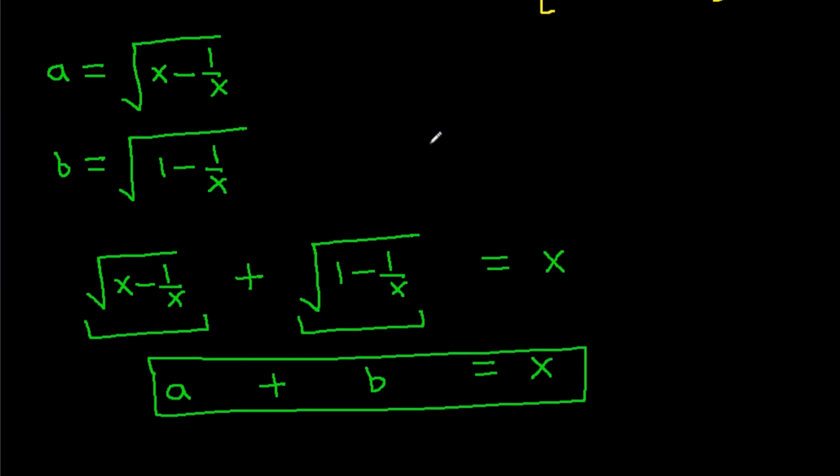And from here we can get a square is x minus 1 by x, and b square is 1 minus 1 by x.